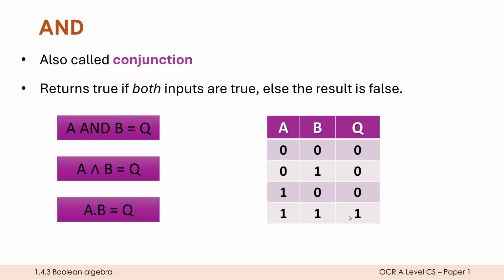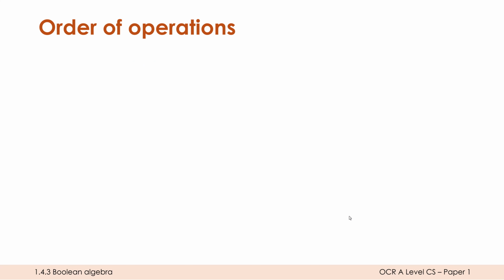And the fact that XOR or OR are like addition and AND is like multiplication affects our order of operations. We have this in normal maths where something like this, the answer depends on whether you are following the order of operations. We multiply before we add. So I'll do 2 times 4 is 8, plus 5 is 13 because of the order of operations. We have the same in Boolean algebra.